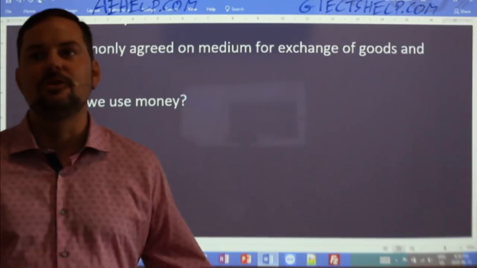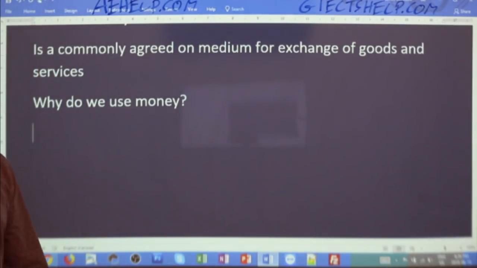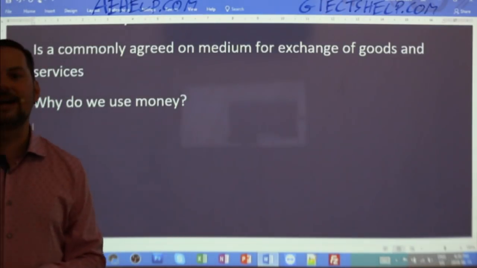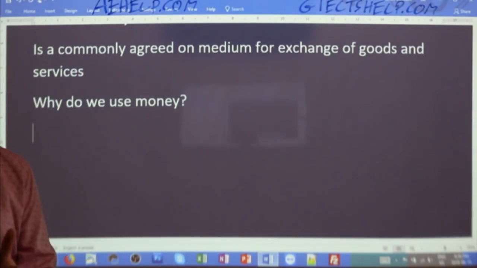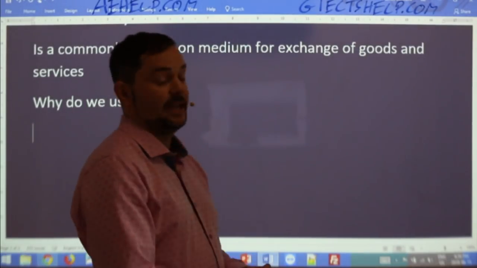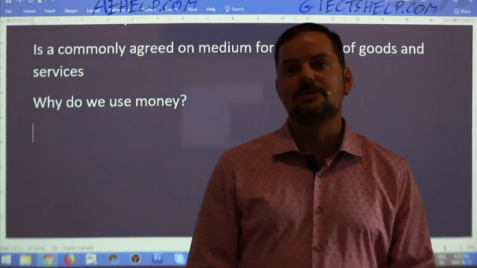So why don't we do that anymore? What's the goal of using money? There's a very clear answer to this. Why aren't we still bartering with each other day to day?